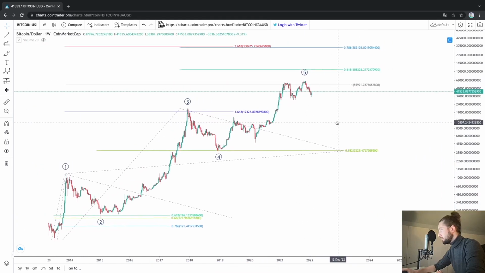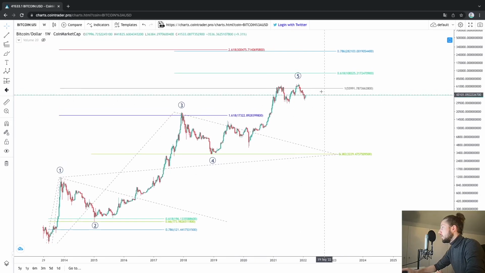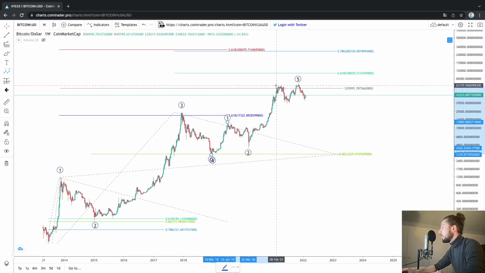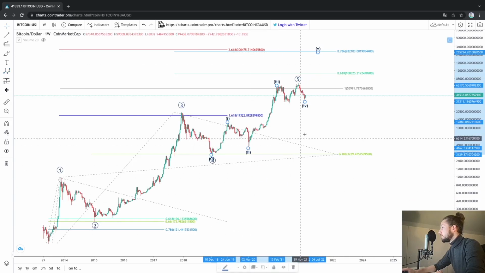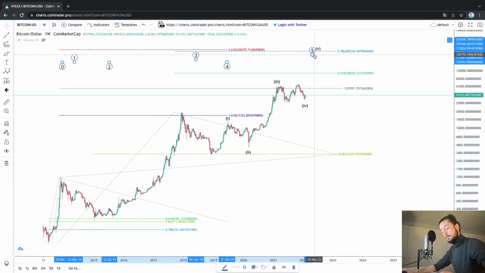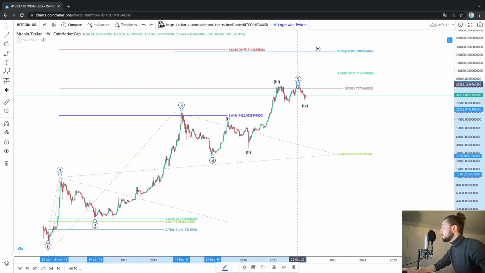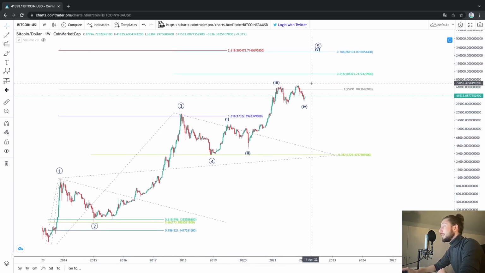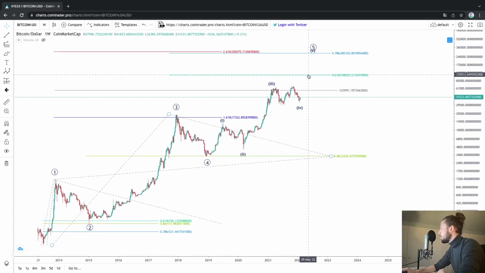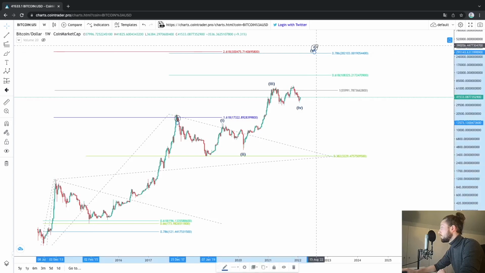So now we've already finished that fifth wave, or we could have a 1, 2, 3, 4, and then a fifth wave going all the way up there. So then my second probability would be around 110k, and my last one would be around 280k.